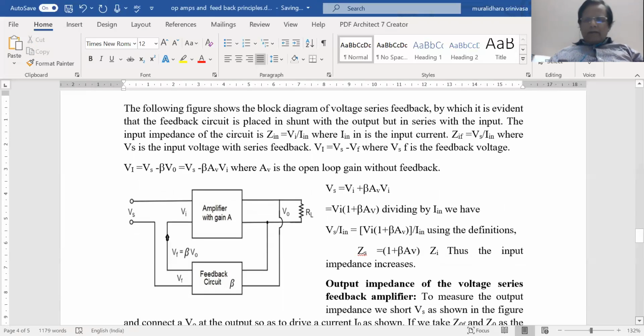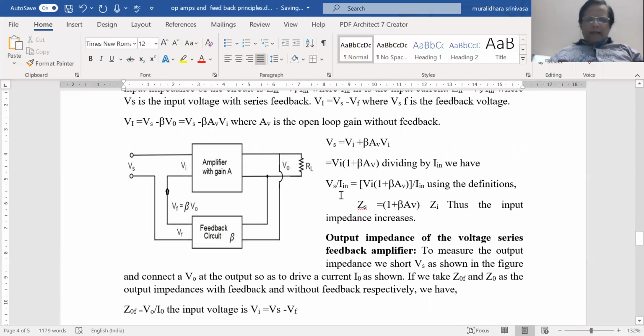So if you now divide Vs by In, which gives you the impedance with feedback, it is equal to Vi divided by Vi into 1 plus beta AV as usual, divided by In. If you use the definition of this part, this Vs by In is nothing but Zis, that is, input impedance with feedback.